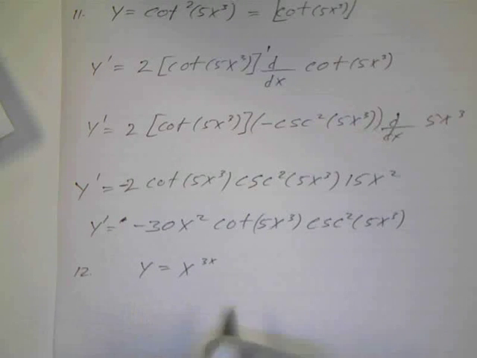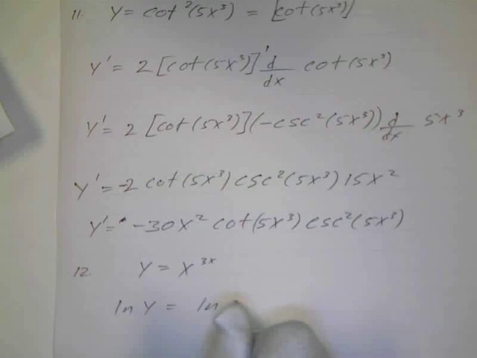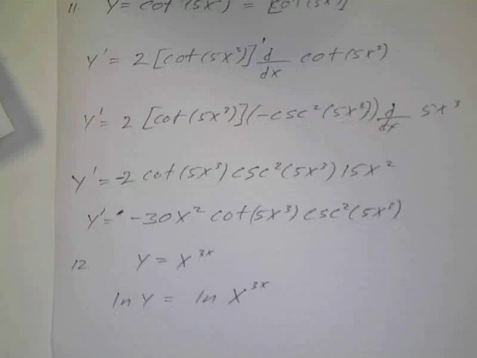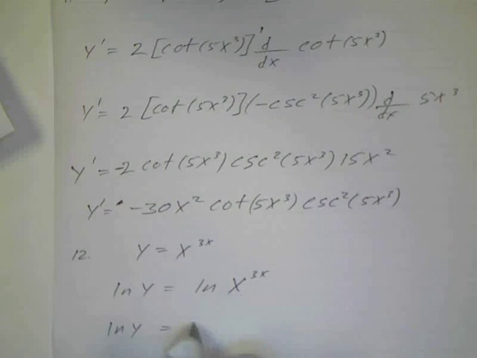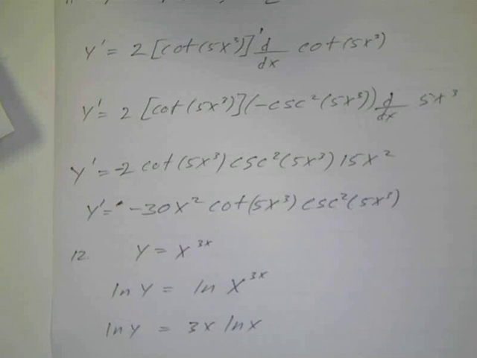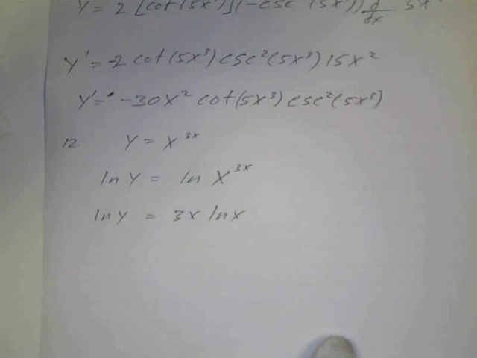So it looks like I'm going to have to take the log of both sides. So I say the natural log of y equals the natural log of x to the 3x. And then I can move that 3x in front, so the natural log of y equals 3x natural log of x. And then I can use implicit differentiation and solve it like that.